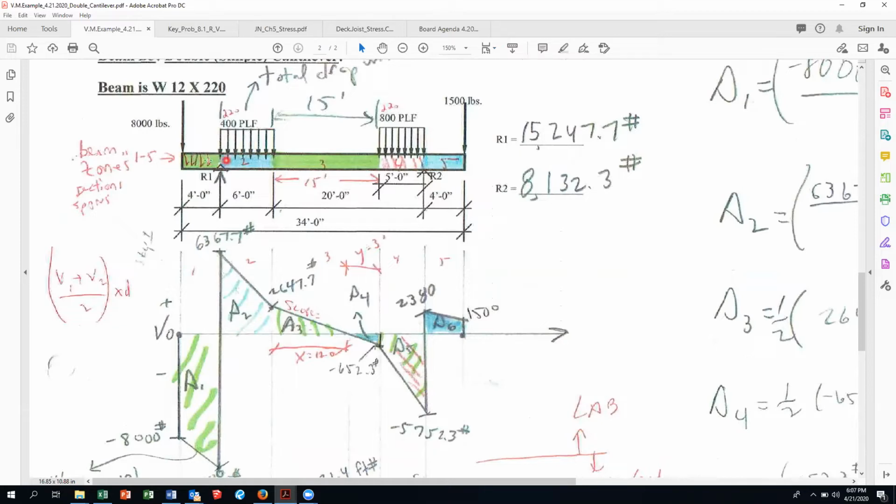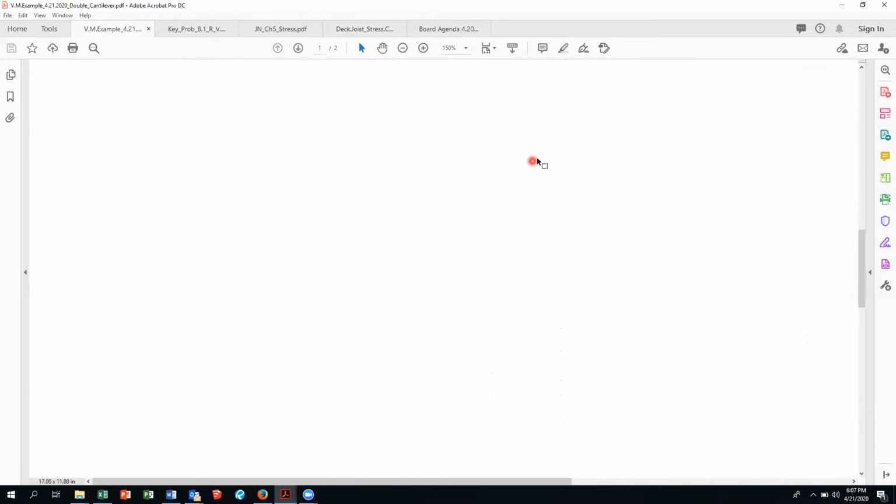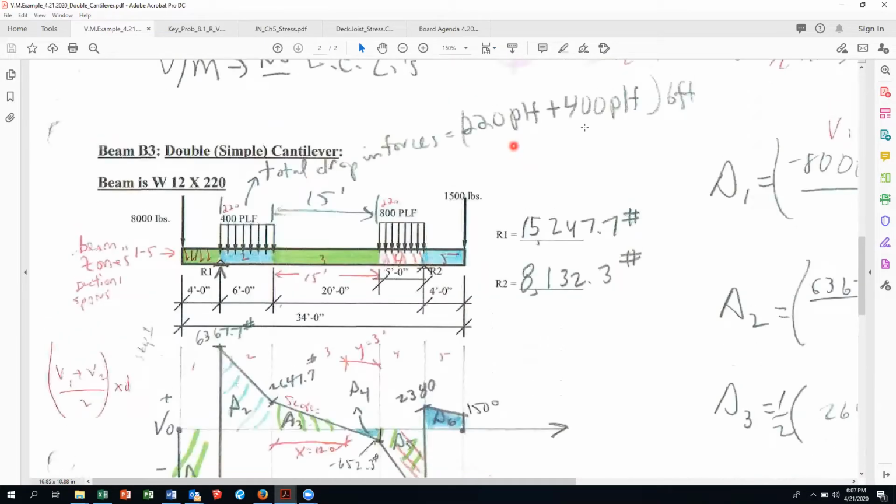This first zone, zone 1, is between the end of the beam and the reaction. Zone 2 is the start and finish of a partial linear load, which is added to beam weight. So here you can see the total drop in forces is 220 plus 400.